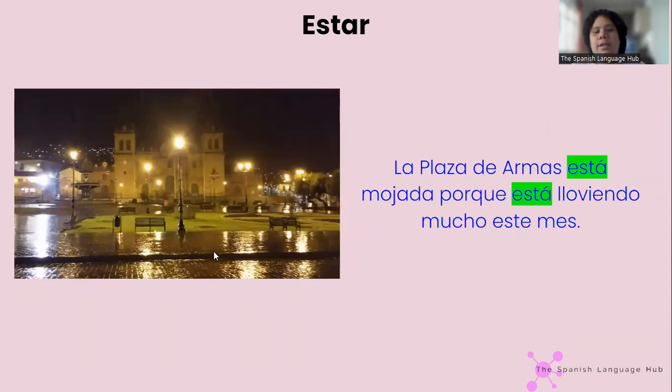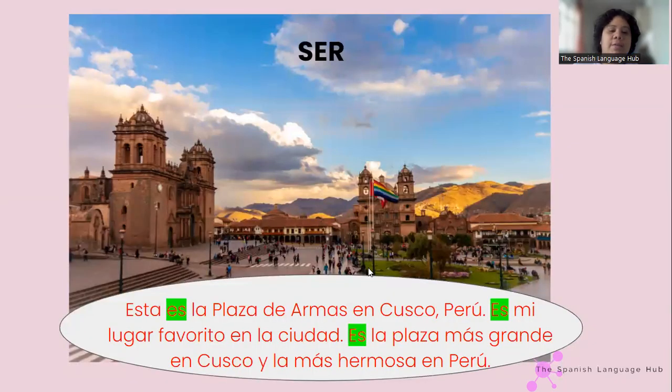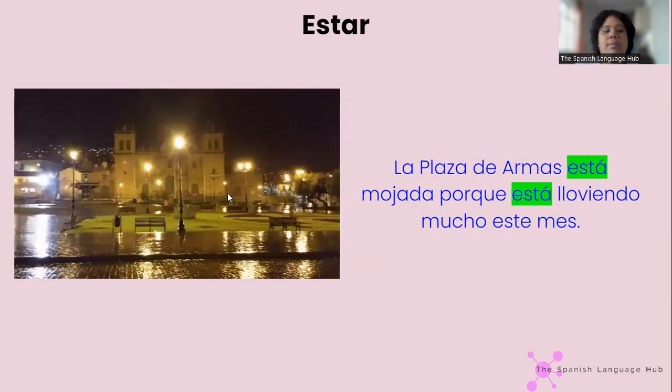So here I'm describing the plaza, giving characteristics like that it is the biggest, the most beautiful, my favorite. And here I'm just talking about how it looks at the moment, okay? Not how it feels, because it doesn't feel, but how it looks and what is happening at the present moment. It's wet because it's been raining a lot this month.